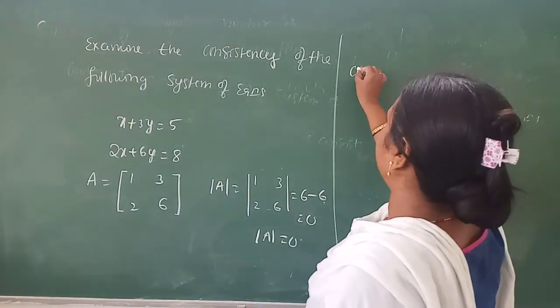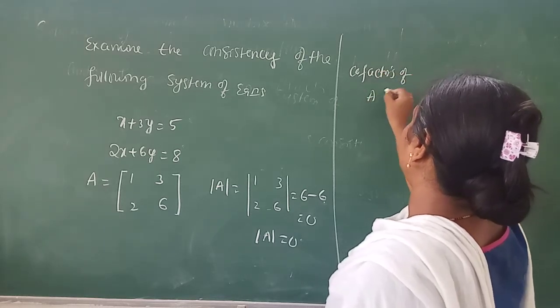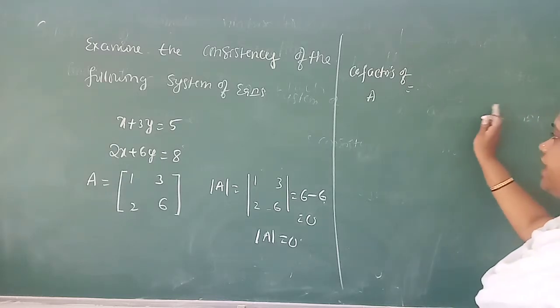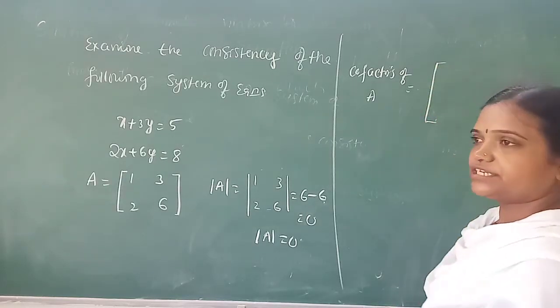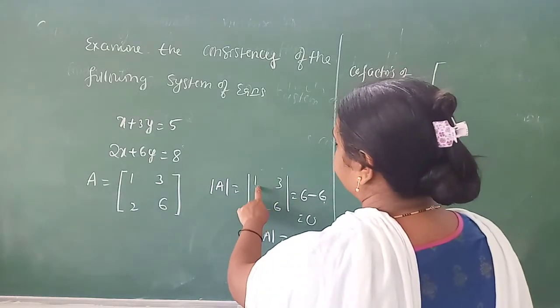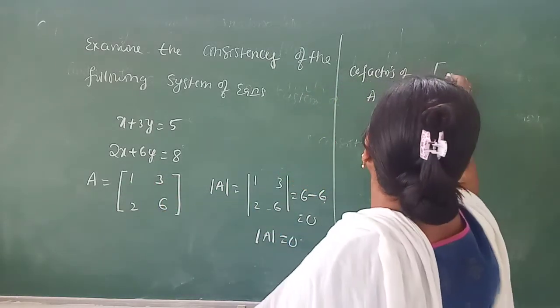Okay. Next, calculate cofactors of A. We know how to calculate cofactors of A. That is C. For the cofactor of 1, leave the row, leave the column, we get 6.